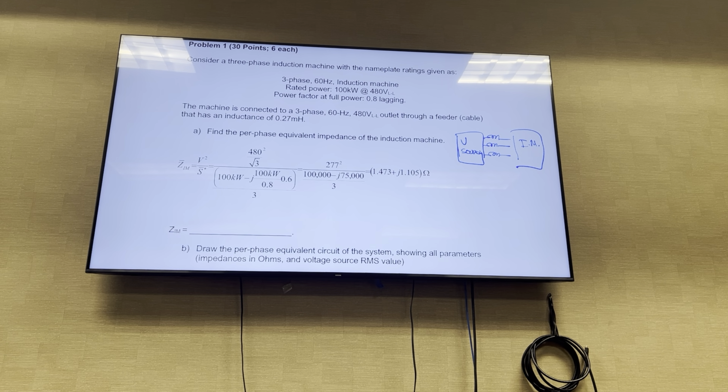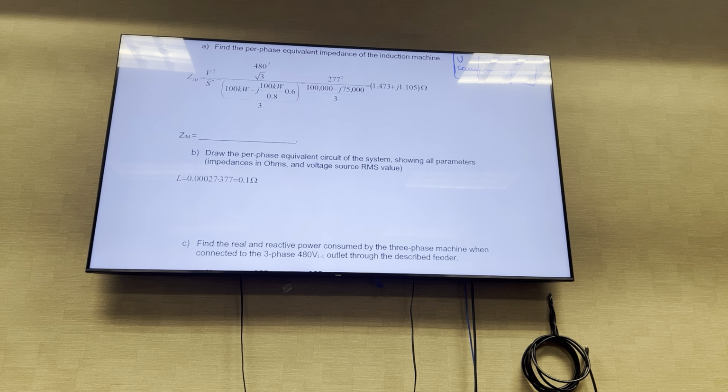The question is to draw the per phase equivalent circuit. So the equivalent circuit would be that voltage source. I have the line impedance, only one shows up in the per phase equivalent, and then I'll have some impedance of the induction machine.